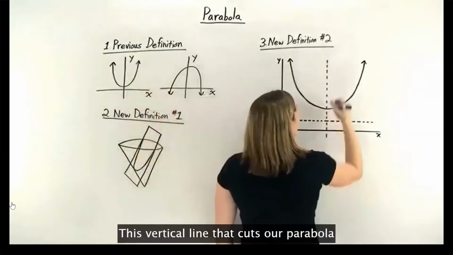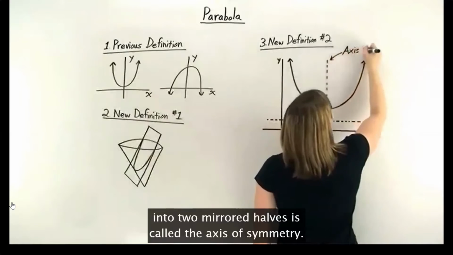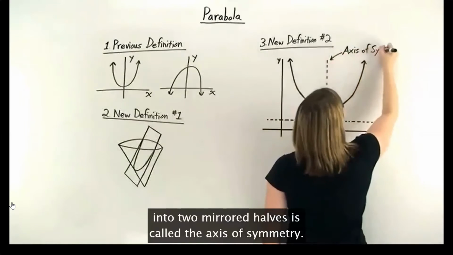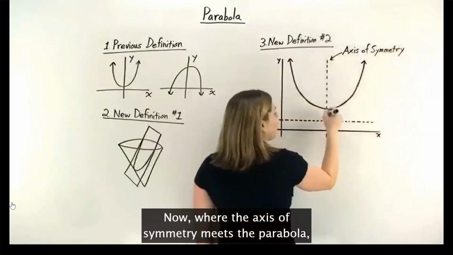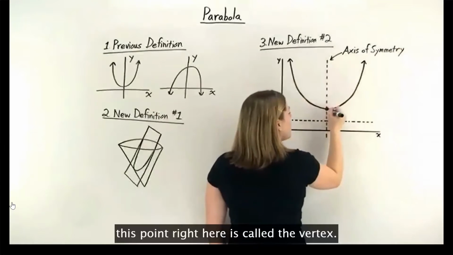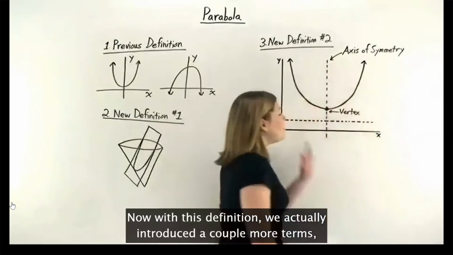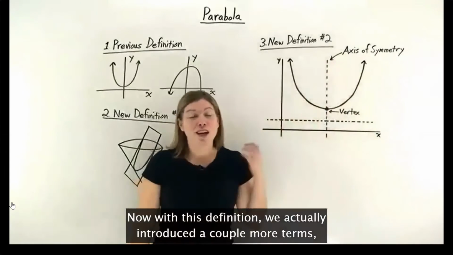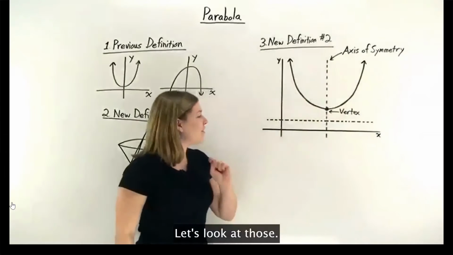We already know a little bit about it from what we learned with quadratic equations. This vertical line that cuts our parabola into two mirrored halves is called the axis of symmetry. Now, where the axis of symmetry meets the parabola, this point right here is called the vertex. Now, with this definition, we introduced a couple more terms, the focus and the directrix. Let's look at those.